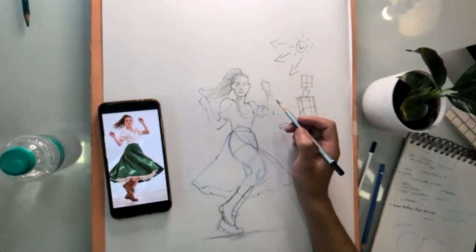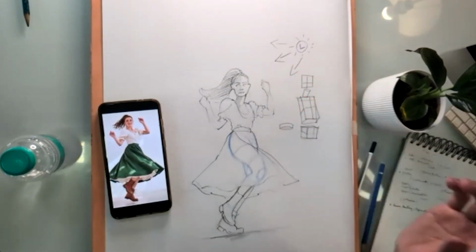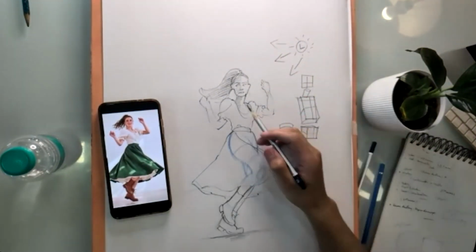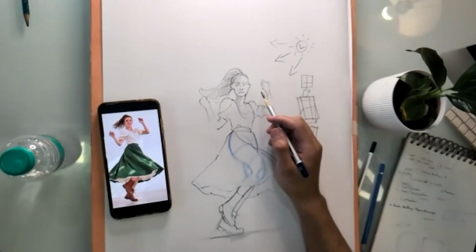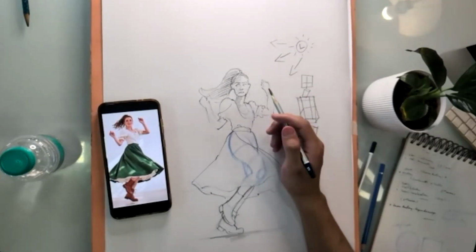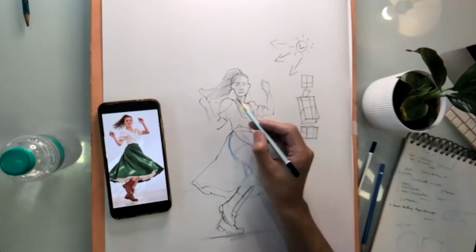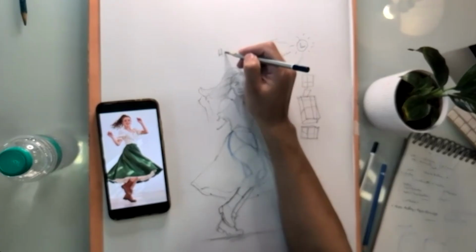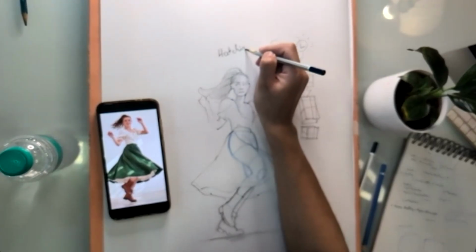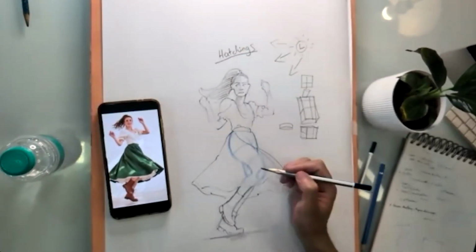So over here, I'm just using some hatchings. All these things are called hatching techniques, which is used to fill up a large portion with just simple strokes. You can use this technique for your sketches as well. Hatching.